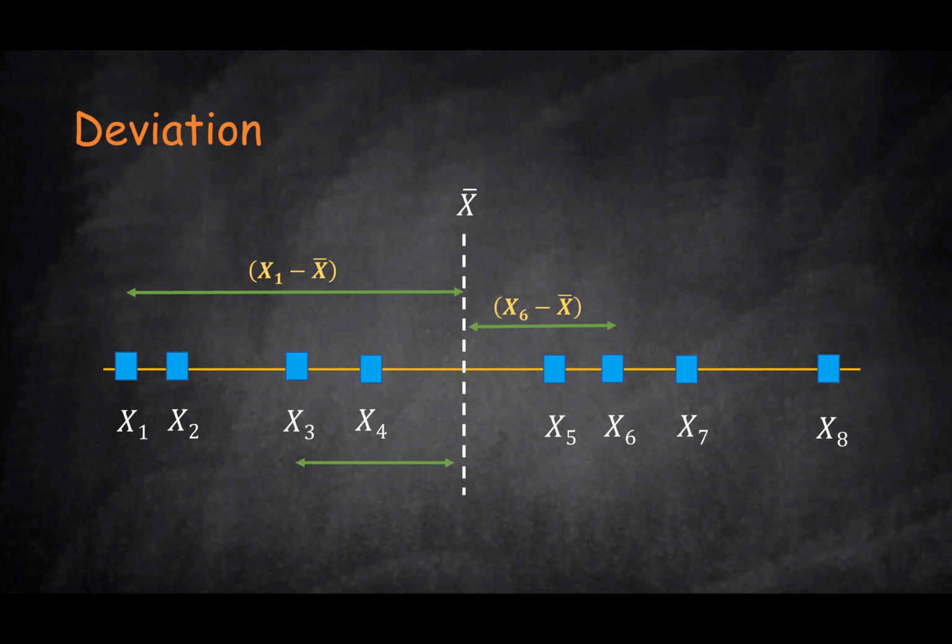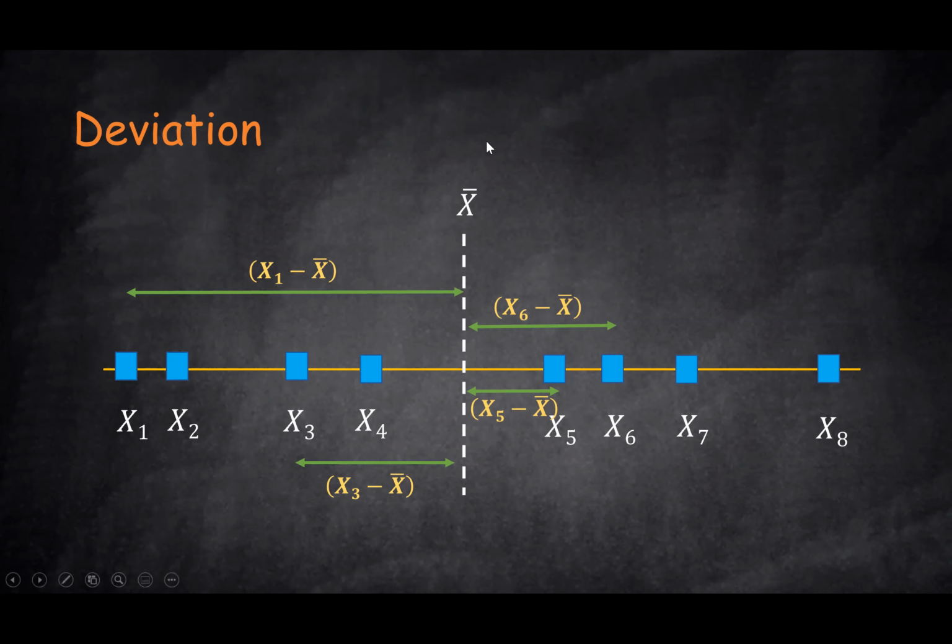And we can do that for each observation in our series of 8 observations. Here is an example of a few of them. But clearly, all the deviations on the left-hand side will result in a negative value, and all the deviations on the right-hand side will result in a positive value.